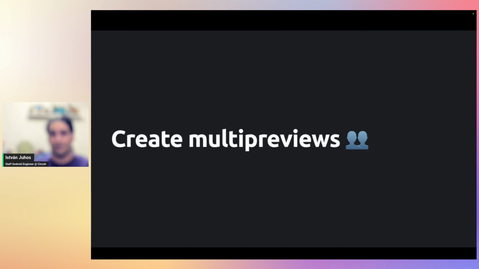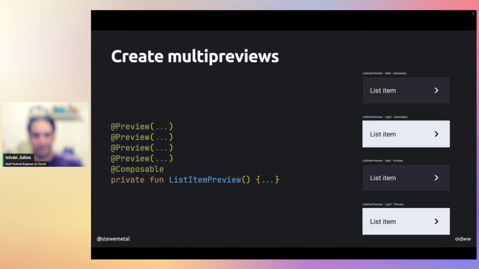Okay, we already created a multitude of previews, but we can also create multi-previews to make the reusability thing with our previews all over our project. So back to our example, 4 different preview annotations with different parameter settings and the 4 previews on the right.